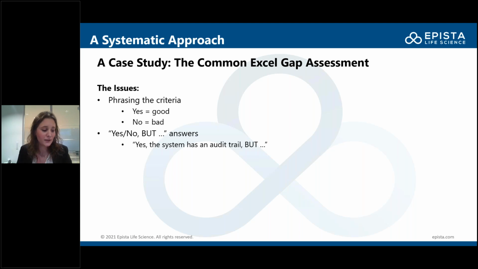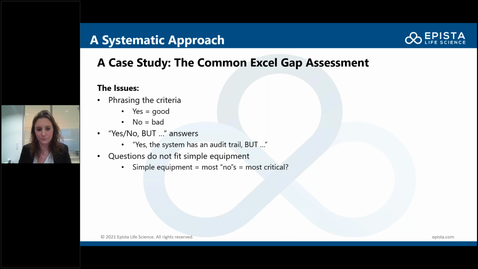So they will say, yes, the system has an audit trail. You are reviewing that, say, oh yeah, that's great. But then you see in the comment, well, it's a useless one because it is not logging this, it's not logging that, it's not giving me that information. Or, I don't know, the audit trail is deleted after 2 days. So it's really, really hard to assess in this Excel gap assessment format.